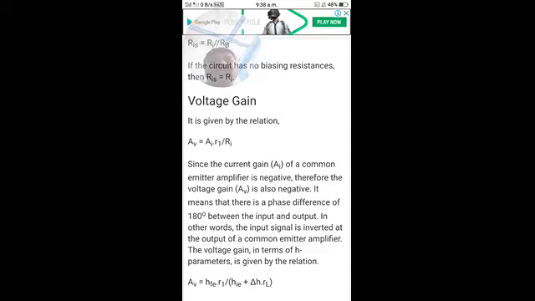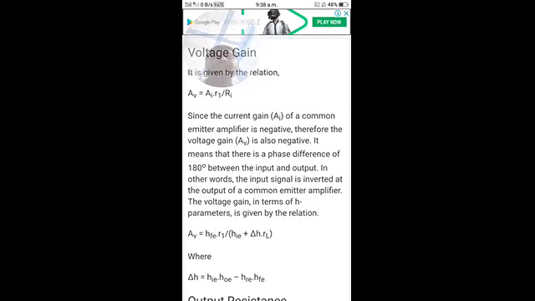The voltage gain in terms of H parameters is given by the relation, by substituting AI in the equation for AV, where AI is minus HFE divided by 1 plus HOE into RL.